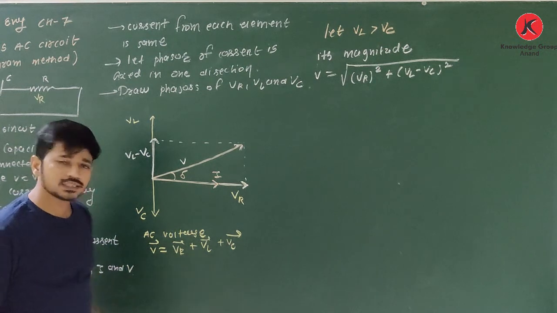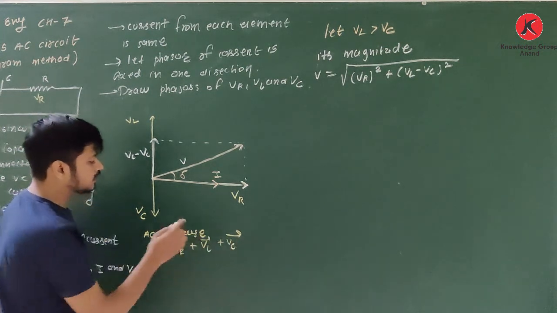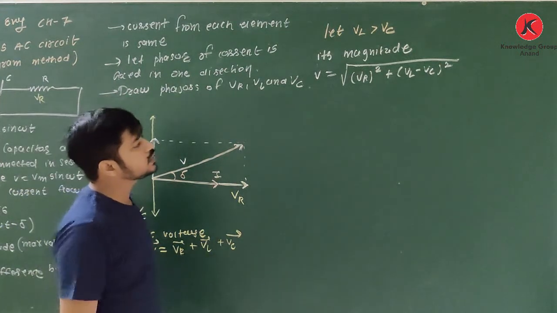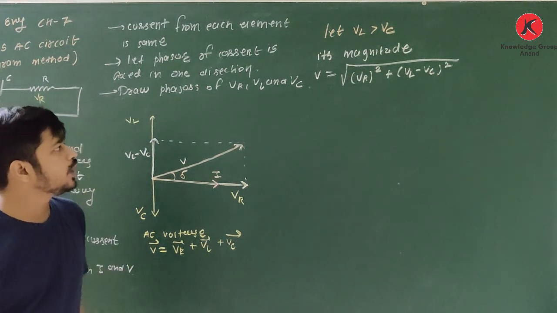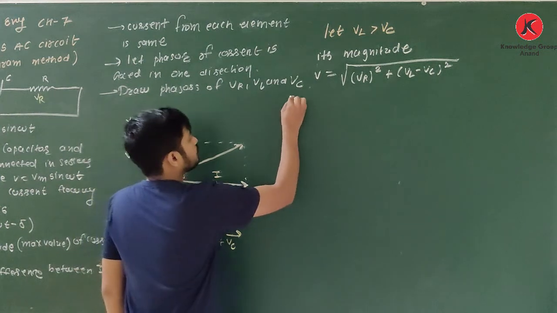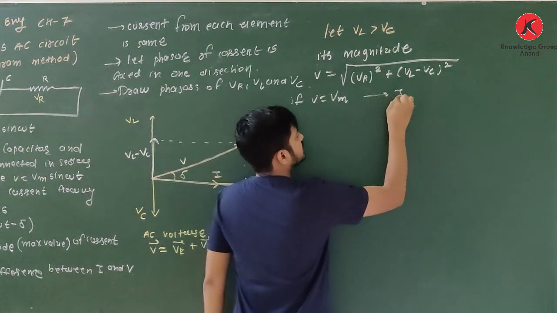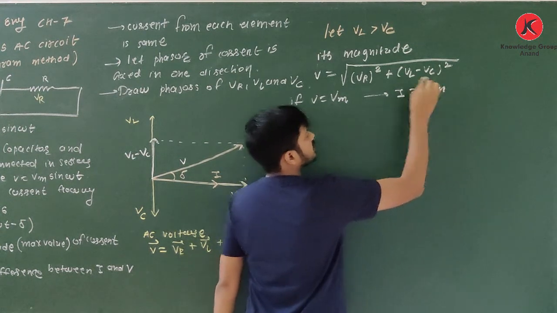Yes, we have three vectors, but we first found the resultant of these two vectors. So V is equal to under root VR square plus VL minus VC whole square. Now if I take V equal to V maximum, then I is I maximum.